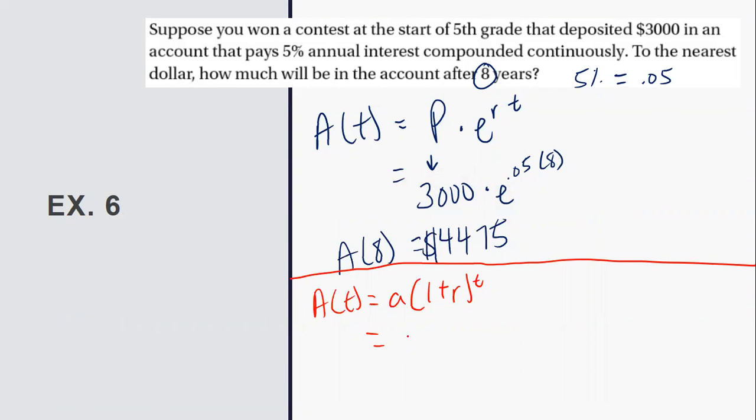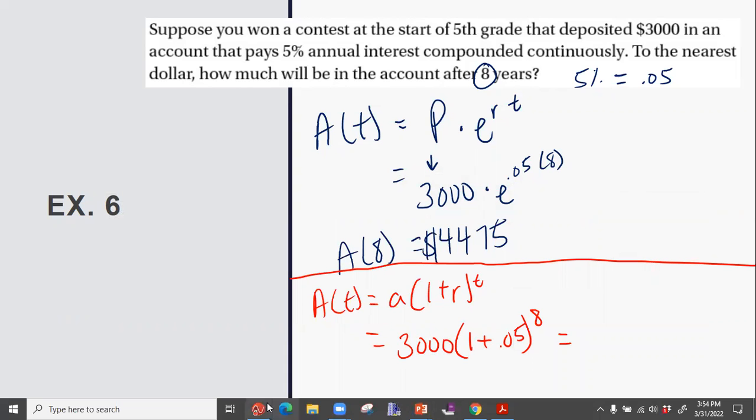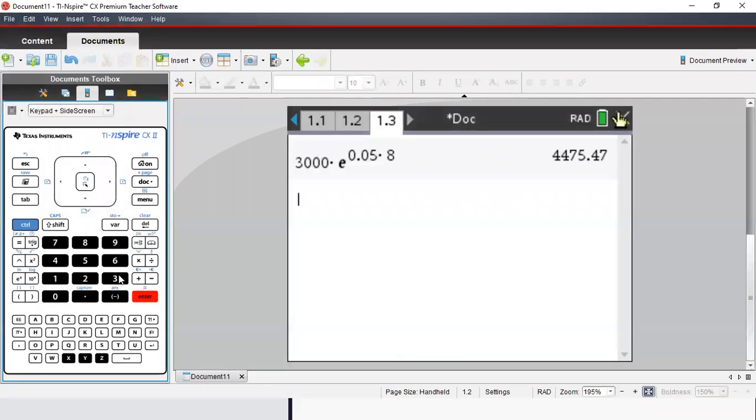So if I plug these values in, I would have 3,000 times 1 plus 0.05 to the 8. And we're going to plug that in and see how much I would be making if it was only gaining interest annually. So I'm going to go back to my calculator and put in 3,000 times 1 plus 0.05 to the 8.